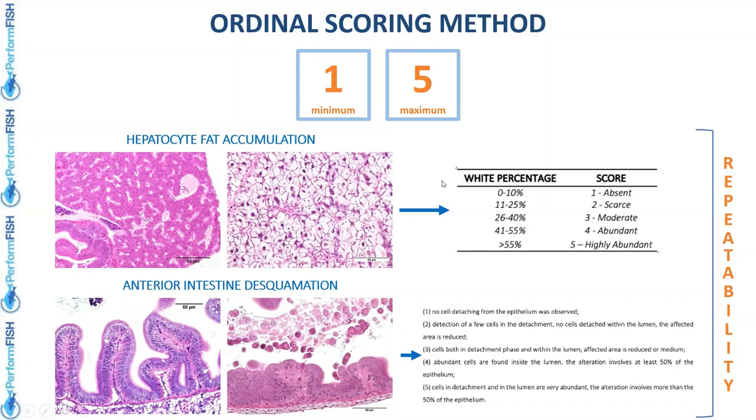For some descriptors, the scoring criteria were defined quantitatively using image analysis software, and then the measures were divided into intervals corresponding to scores from 1 to 5, as in the case of hepatocyte fat accumulation.